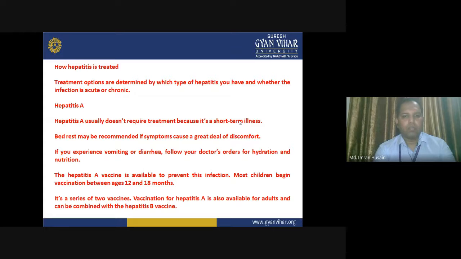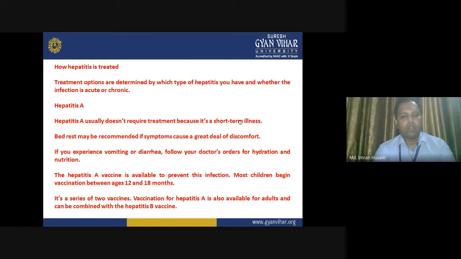If you experience vomiting or diarrhea, follow the doctor's orders for hydration and nutrition. One must also be sure about a balanced diet and hydration, because most of the time the majority of people don't drink water, and hydration is the main thing that is essentially important in case of hepatitis A. The hepatitis A vaccine is available to prevent this infection.